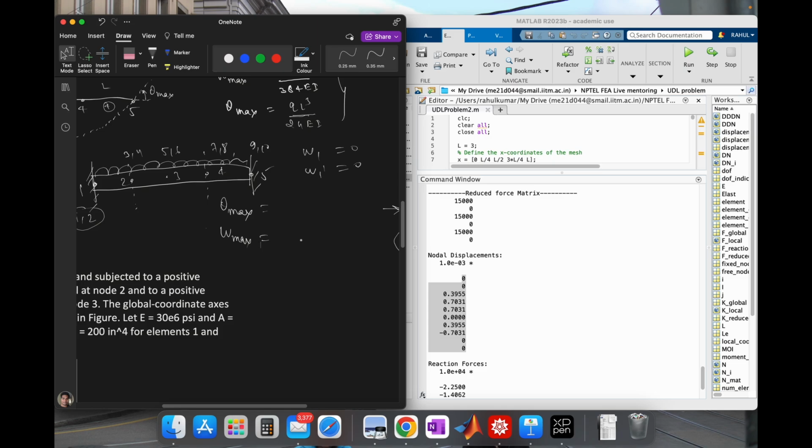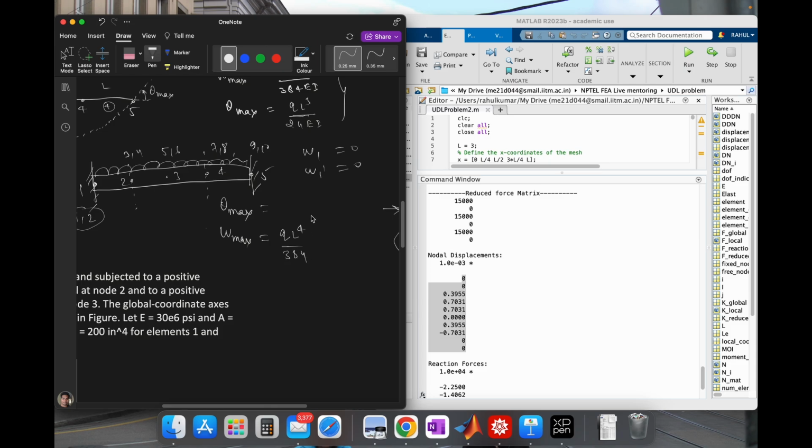So this is the formula for the maximum displacement, in our case with Q: Q L raised to the power 4 divided by 384.